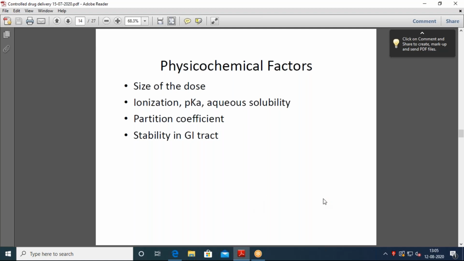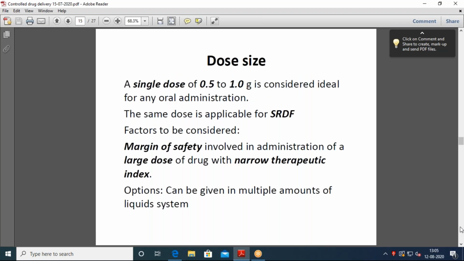Anybody has any idea about the size of the dose, which is ideal? We just spoke about that a few days back. 1000 mg, sir. Yeah, 1000 mg. Good. So earlier, a single dose size of 0.5 to 1 gram is considered ideal for any oral administration.